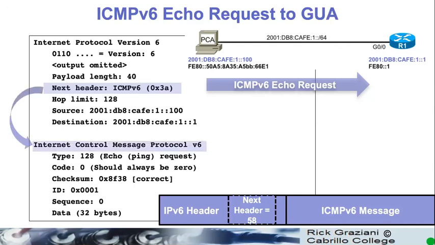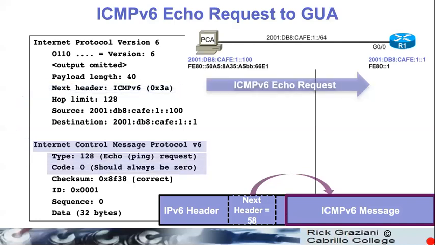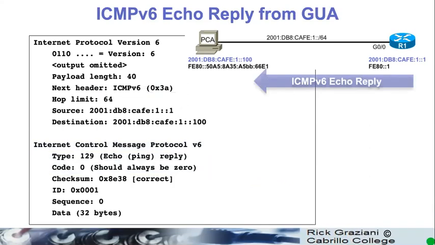That means that the IPv6 main header is carrying an ICMPv6 payload. In the ICMPv6 type and code fields, it's a 128, which is an echo request, and code 0, which should always be 0. So this is an ICMP echo request.